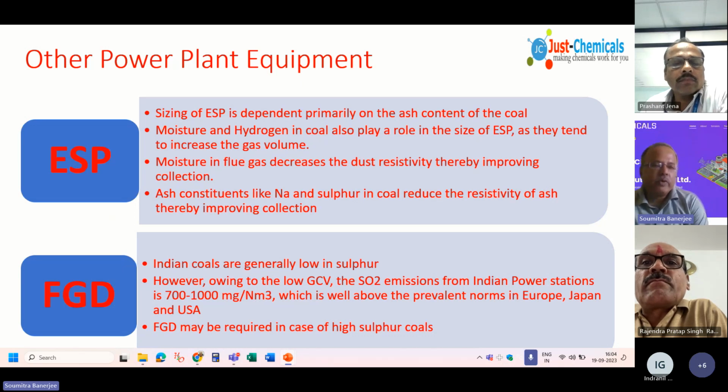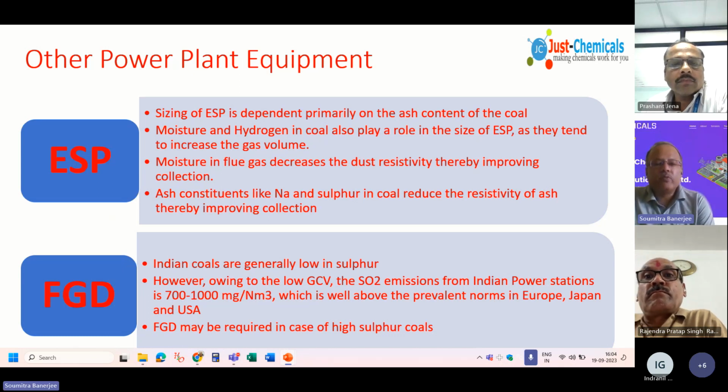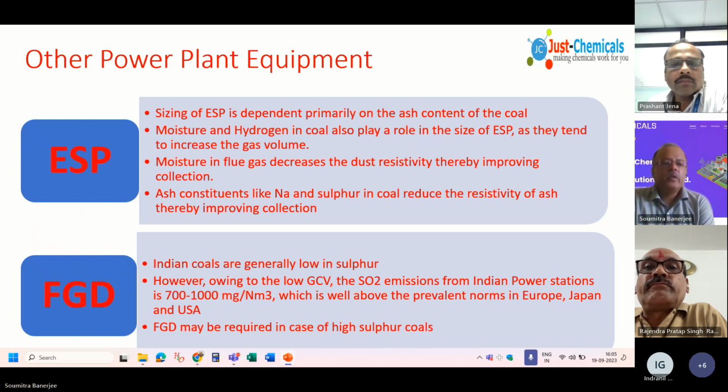If you have deviated from it, your ESP may not be performing to the requirement. Moisture in flue gas decreases the dust resistivity, thereby improving the collection. And constituents like sodium and sulfur in coal reduce the resistivity of ash, thereby it gets attached to the corona and gets discharged.